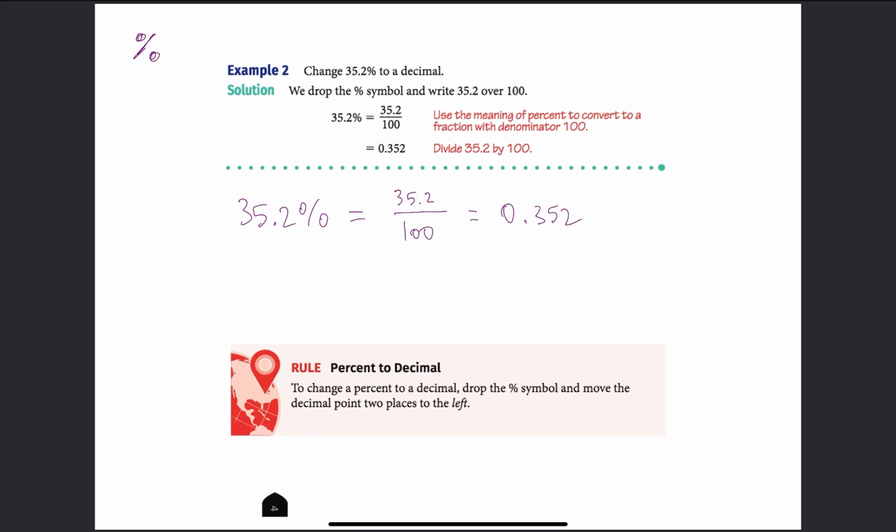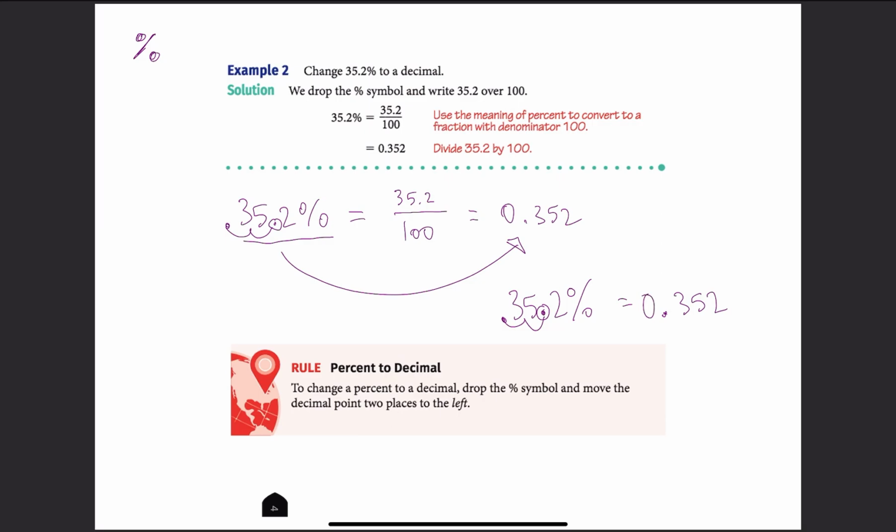Then you can do the division and write it as a decimal. Now, you may notice that the relationship to go right from percent to decimal is that you can take the decimal point and move it 2 spaces to the left. So you can take a number, 35.2%. You can take this decimal and move it 2 spaces to the left. So the number is going to be 0.352. And now we can drop the percent symbol because we moved the decimal 2 to the left.